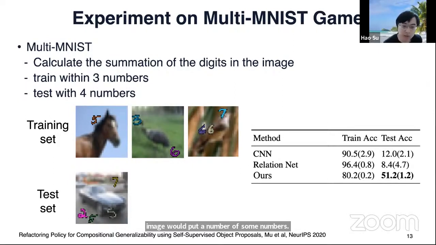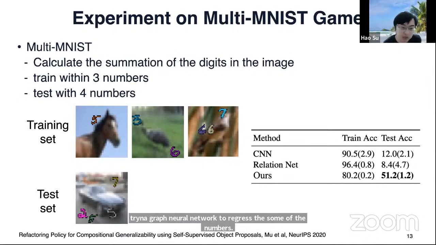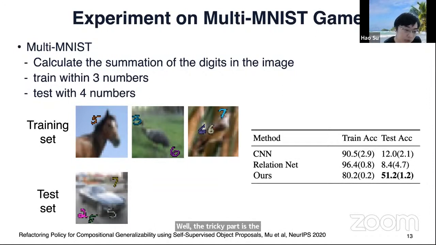It could be 1, 2, or 3 numbers. And you train the graph neural network to regress the sum of the numbers. The tricky part is that at test time, we would like to put more numbers, like 4 numbers, right? Now, if you put more numbers, the problem obviously gets more difficult.